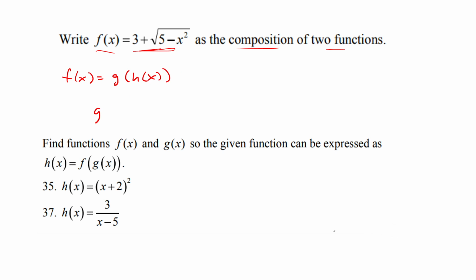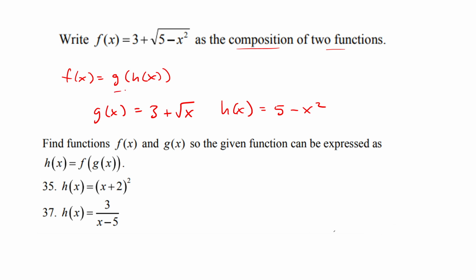Okay, so we want to come up with some function g and some function h so that when I put them together, I get back where I started. Okay, now there's a few different answers. There's multiple ways to do this. But looking at this, I would say let's let g be this, and let's let h be this. That would be my answer.